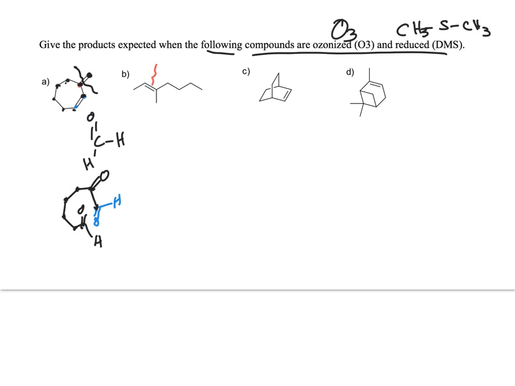Okay, here on this one, we're going to cleave it right here. So this carbon here will be an aldehyde, and this carbon here would be a ketone. 1, 2, 3, 4, 5, 6.